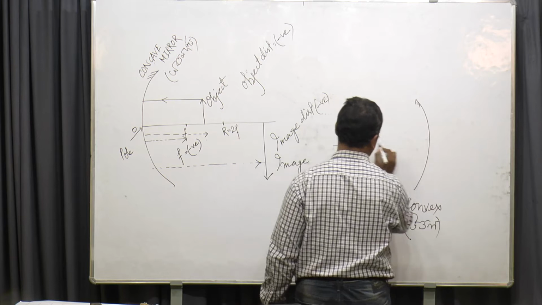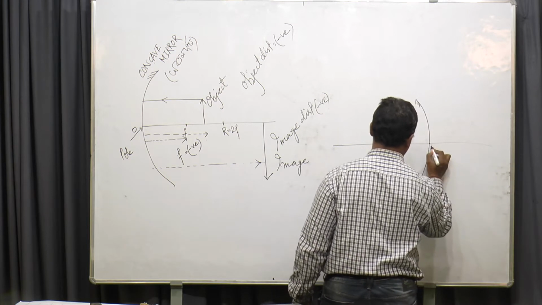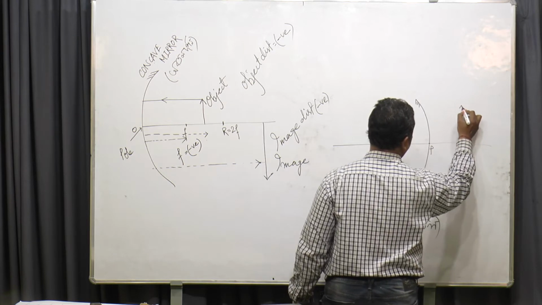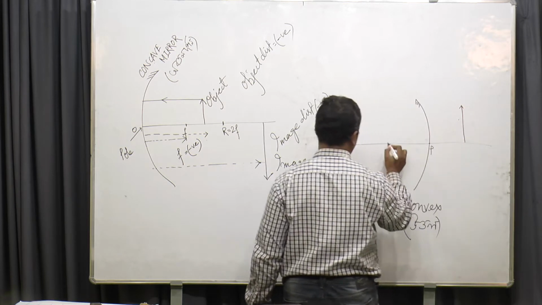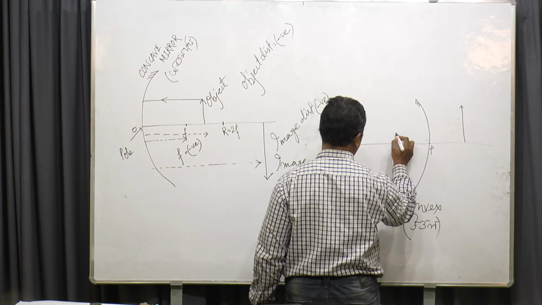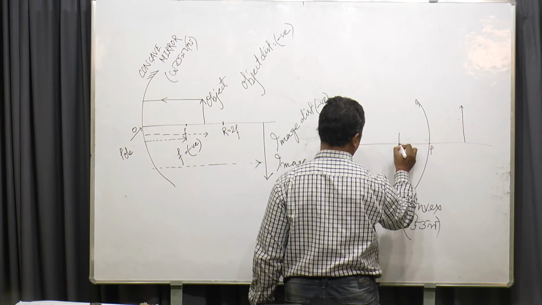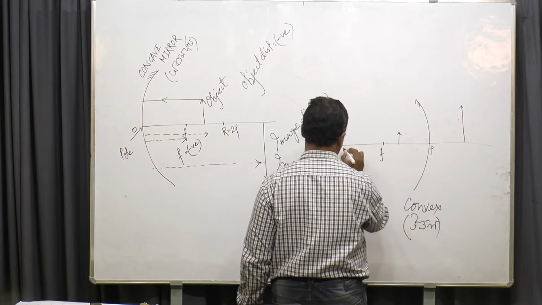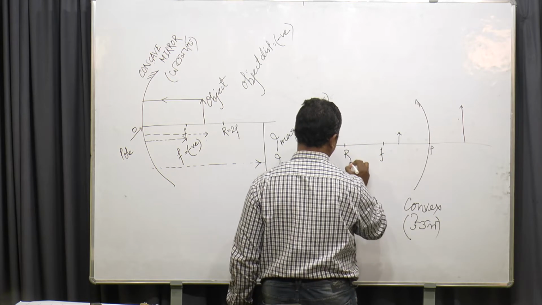So this is the axis. Here it is the pole. I have put my object here. So the image is formed, say here, and the focus is here. Now obviously R is equal to twice f.